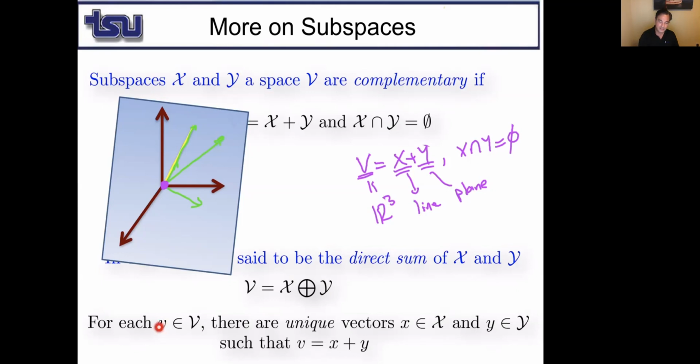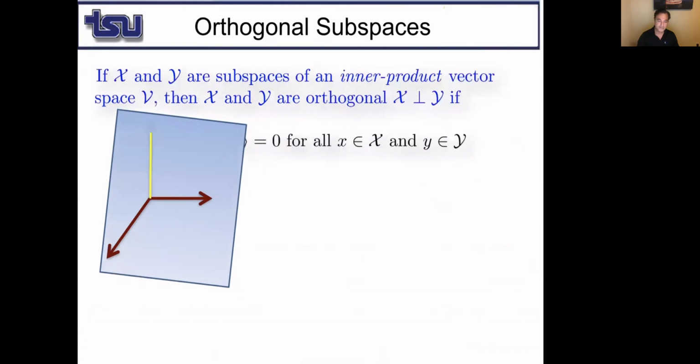For any vector in V, there are unique vectors, one coming from X, the other coming from Y. There's only one way to represent V. However, if these were two planes, the situation would be different because the intersection wouldn't be what? The empty set.